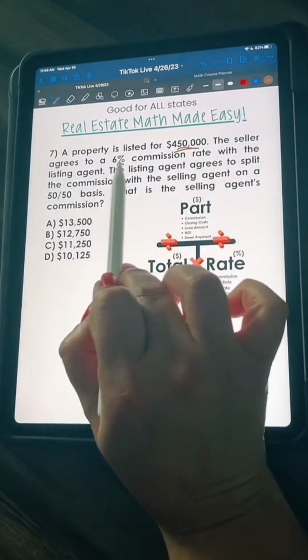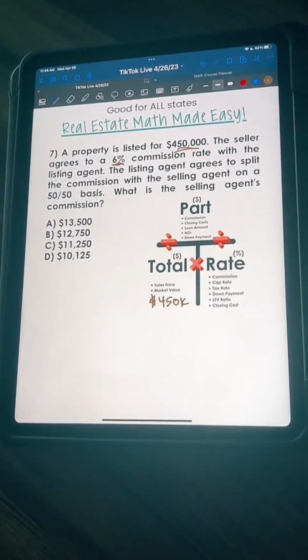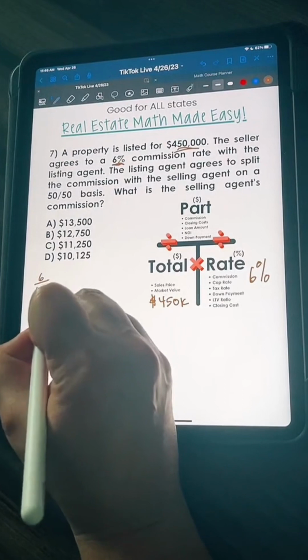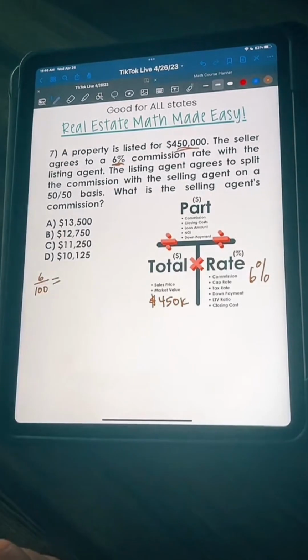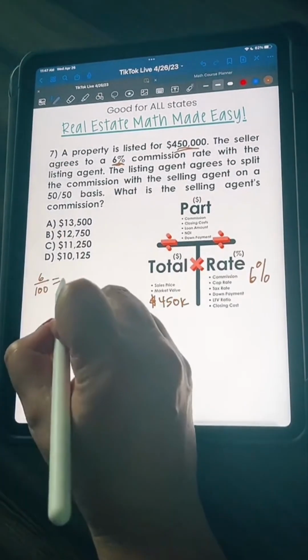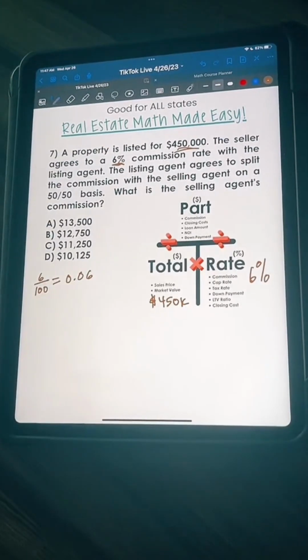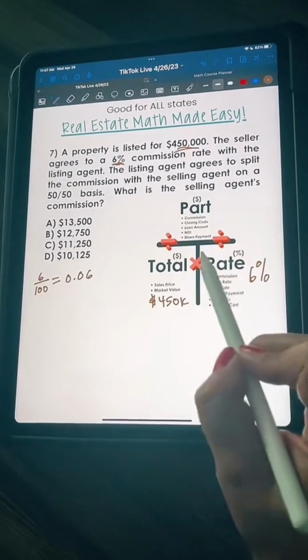Okay, and then we have to start with the first commission that happens. So this percent goes here, 6%. So step 1, we're going to plug that into the little T-chart method. And then step 2 is change your percent to a decimal. 6 over 100 is 0.06. So now we multiply.